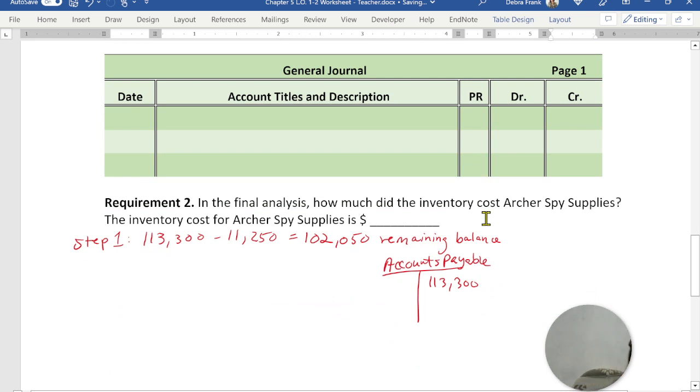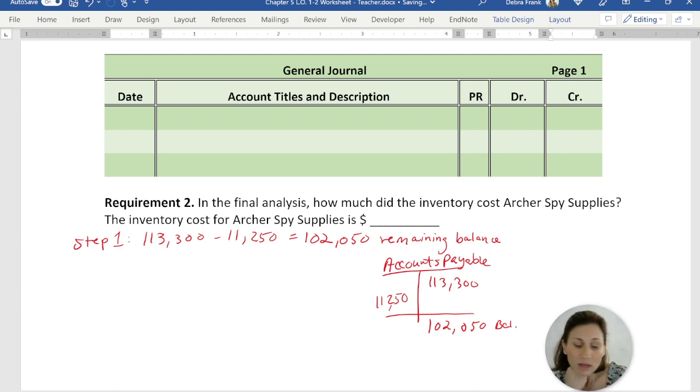So you could have done it this way. I like the T account, so I decided that I need to show you this way as well. And then what's our remaining balance? That is the 102,050. All right, that's balance. So that is my balance due. That's what I have sitting there right now in accounts payable.